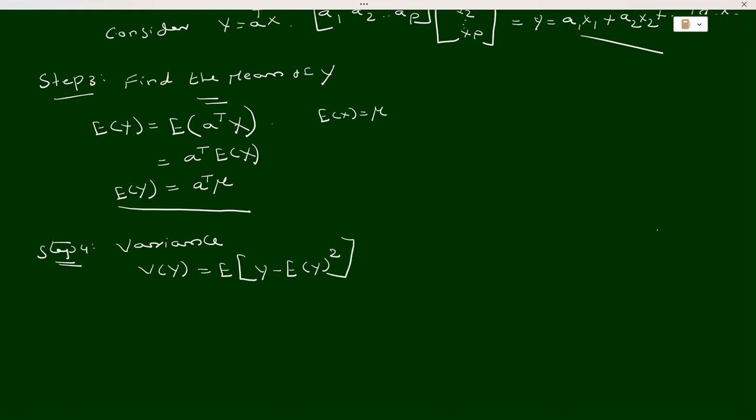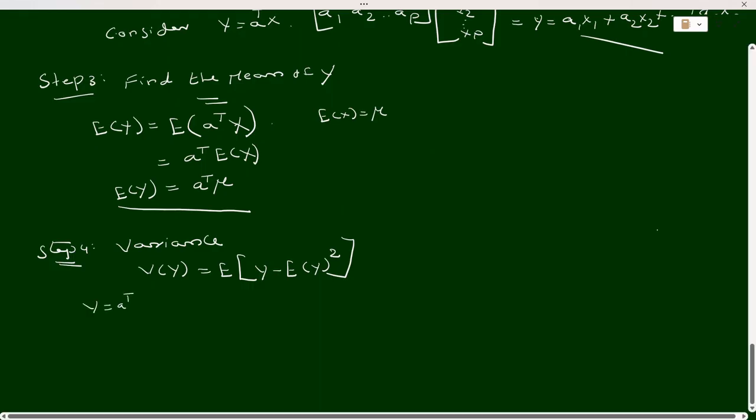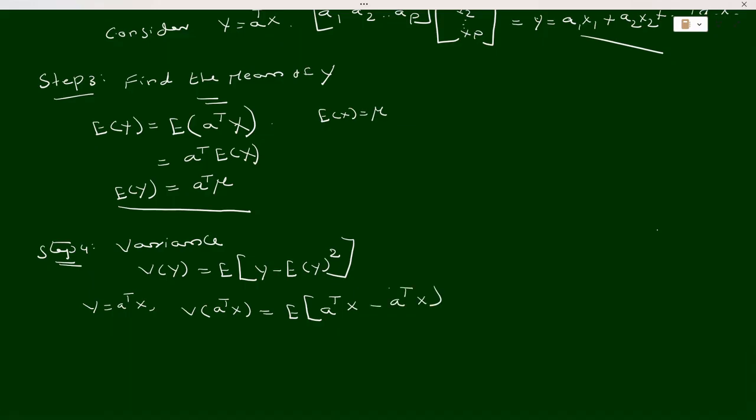Now substitute y equal to a transpose x here. Then variance of a transpose x equals expectation of (a transpose x minus a transpose mu) the whole square.